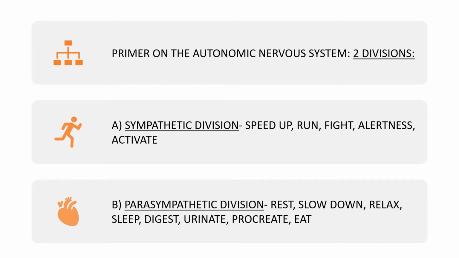So not only does the autonomic nervous system result in many adverse effects, many drugs are used to directly impact this system as well. Okay, so it'll start to make sense as we move forward with an assortment of different drugs. So basically, the autonomic nervous system is split into two divisions: the sympathetic nervous system, or the sympathetic division, and the parasympathetic division.